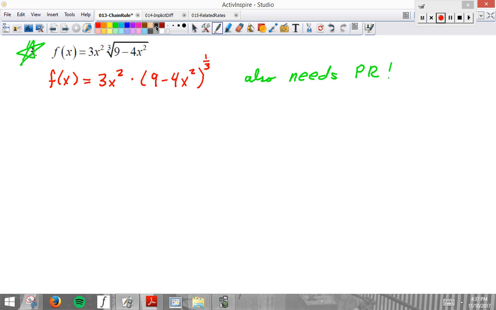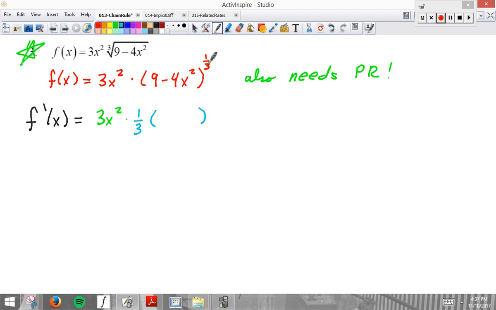The derivative, we'll label it as f prime, equals first times the derivative of the second. And now here we need the chain rule. 1/3, parentheses.